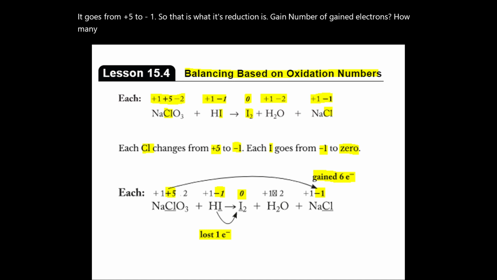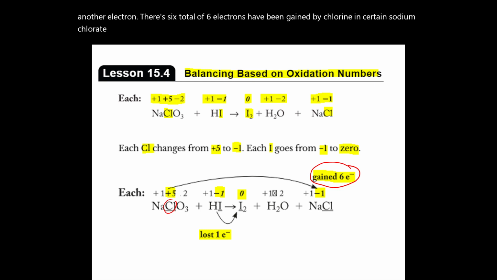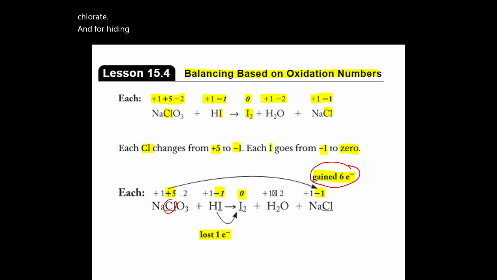How many electrons are gained here? From +5 to 0, that is 5, to -1, that is another electron. That's 6, a total of 6 electrons have been gained by chlorine in sodium chlorate. And for iodine, it goes from -1 to 0, so that is only 1 electron lost.